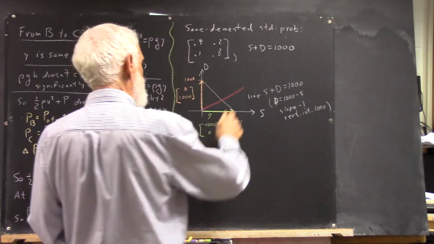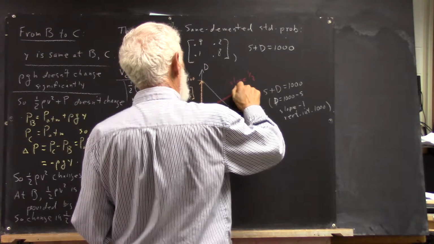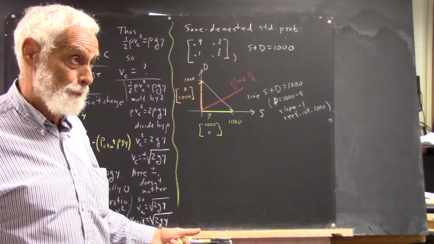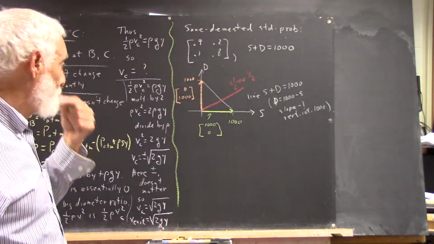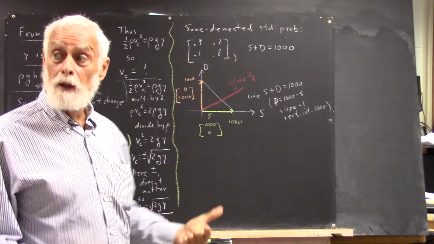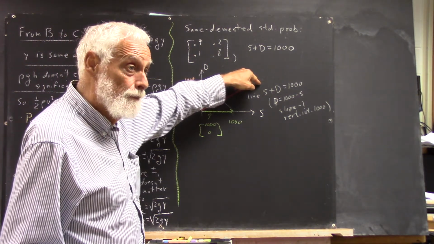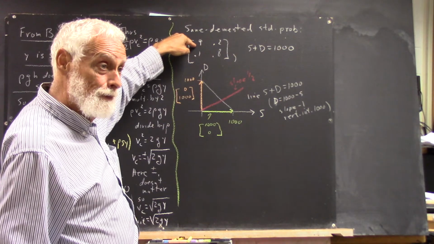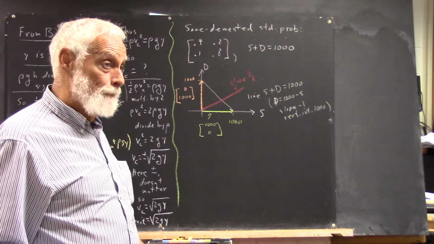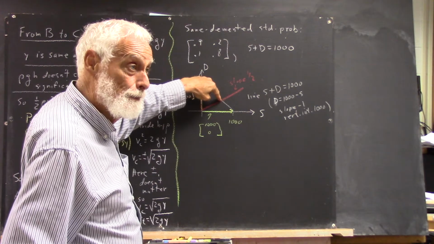Okay. You've got a line of slope 1/2 that will give you an unchanging population. Any vector on this line, when you multiply it by this matrix, gives you the same vector. Okay? Now, if you have S plus D equals 1000, that vector has to just come out to this line, right?